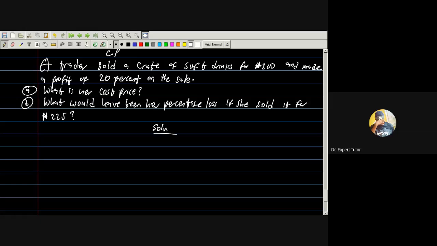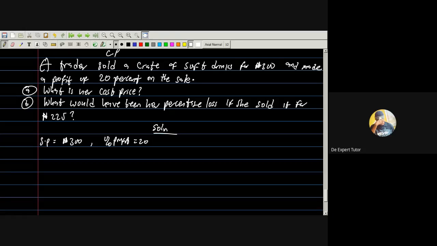So what I gave in the question, let us read it. They said a trader sold a crate of soft drink for this selling price and made a profit of 20%. So percentage profit is 20. This is percentage profit, not profit. They're asking what our cost price is.